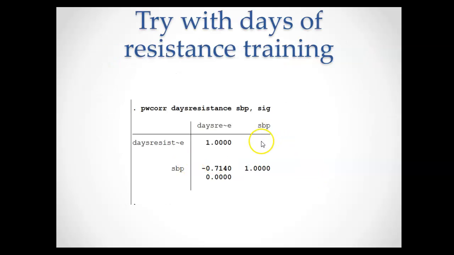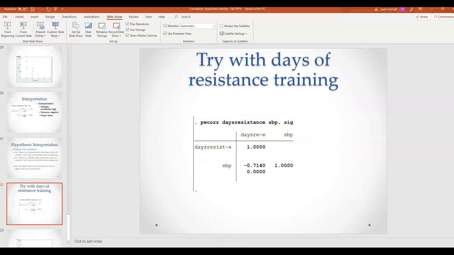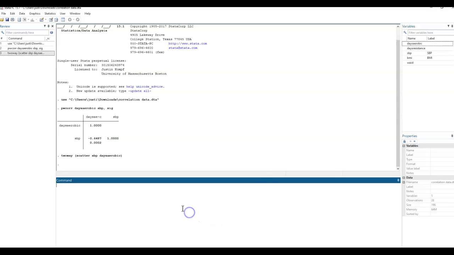Now let's try the same exact thing with days of resistance training. So what we do is go back to Stata. We go pwcorr, and then we're going to swap out aerobic training for resistance training. Days resistance, systolic blood pressure, and then we would go sig.